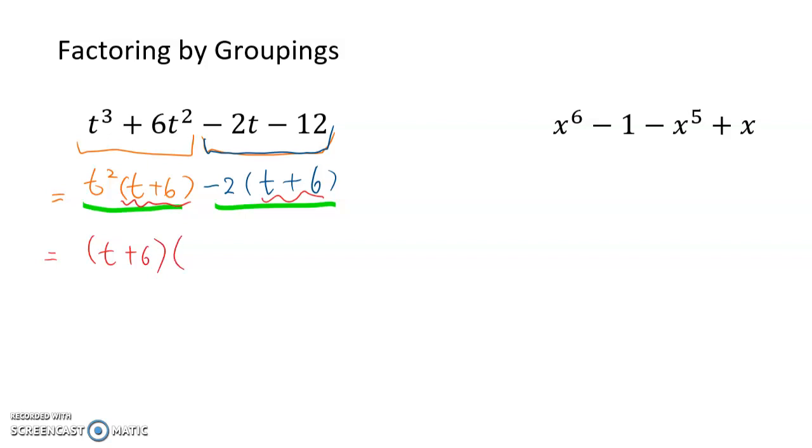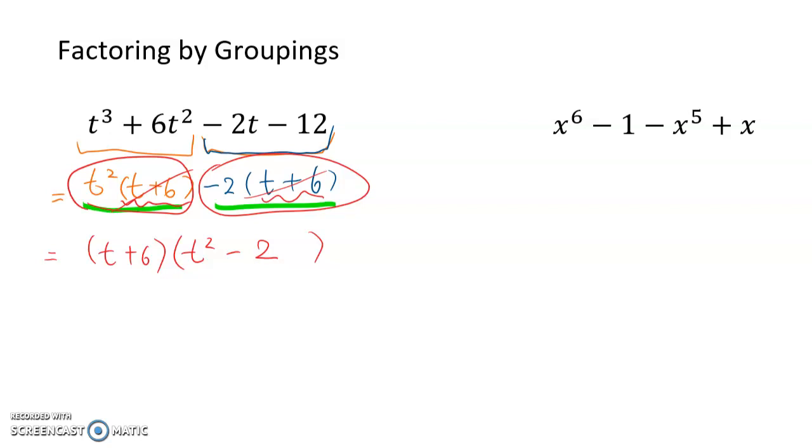What's left inside the parentheses will be each big term divided by t plus 6. Dividing the first big term by t plus 6, what's left is t squared. Dividing the second big term by t plus 6, what's left is negative 2. Now we've factored this polynomial by grouping.